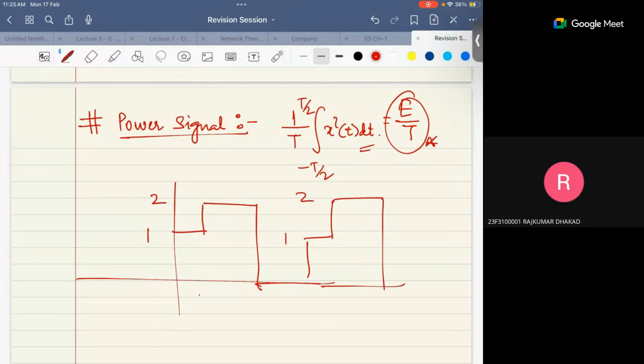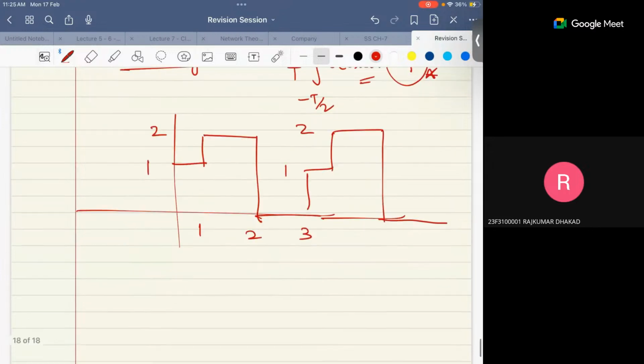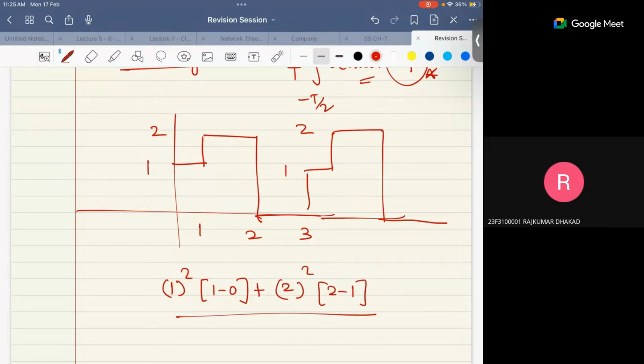For this case, how will you calculate? 1 whole square times 1 minus 0 plus 2 whole square times 2 minus 1, and what is the time period for this graphical signal?